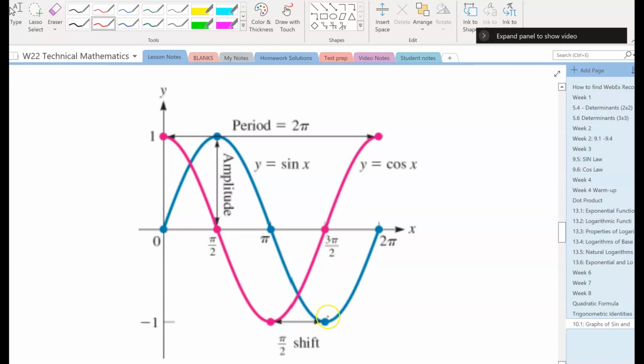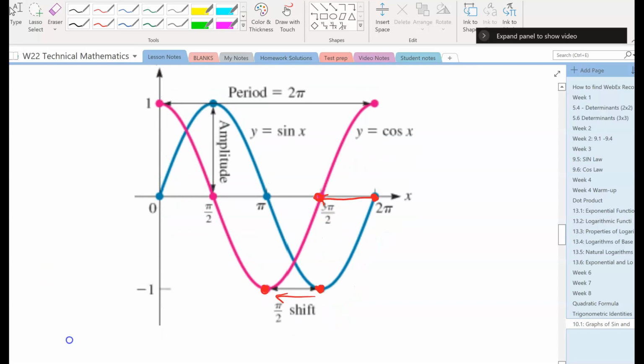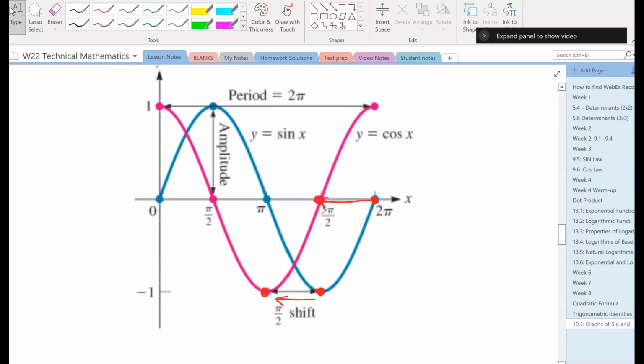If I take my minimum value on the sine curve and shift it left pi over 2, I get to the minimum of the cosine. Each value, if I take my 0 here on the sine curve, shift it pi over 2, I get to the 0 on the cosine curve, and so on, all of them. Okay. And just leave that a moment in case you're writing it down.